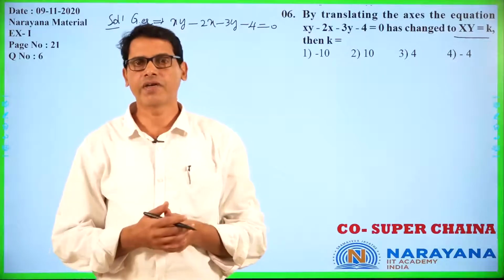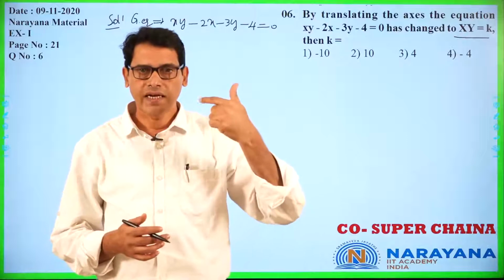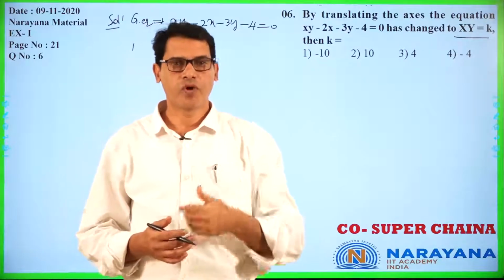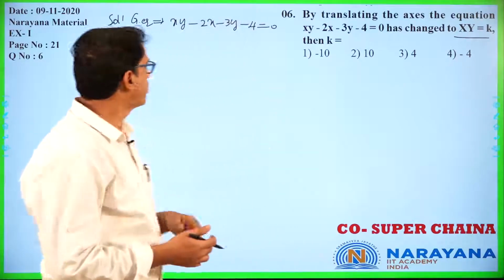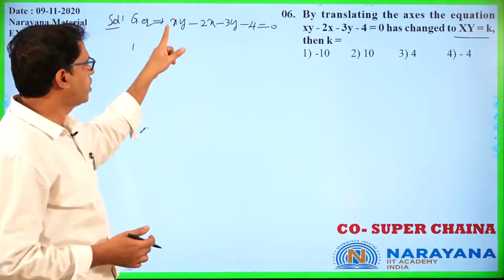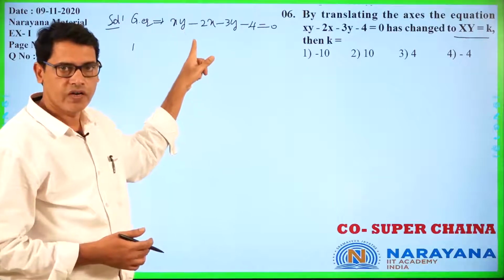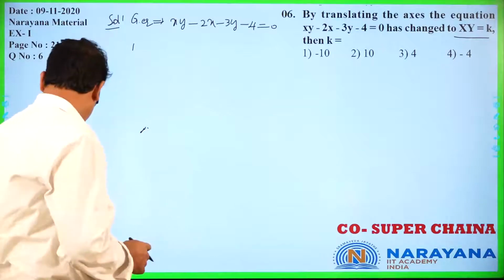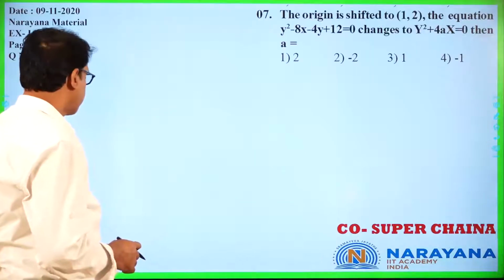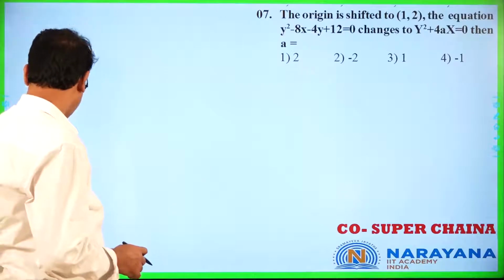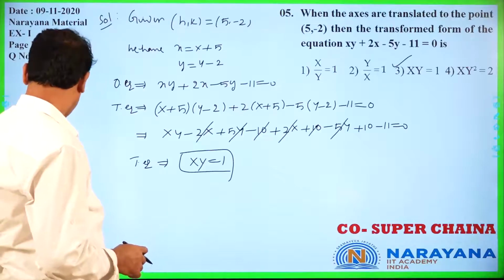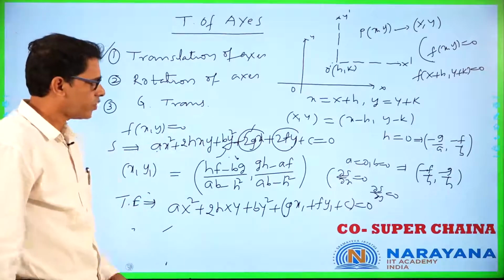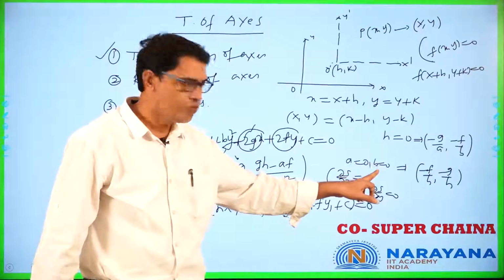This means we translated the axis to a particular point. What is that point? Here a value is 0, b value is 0.